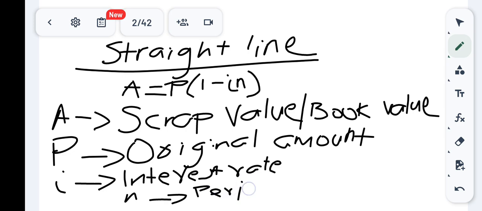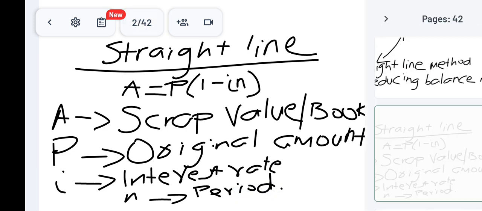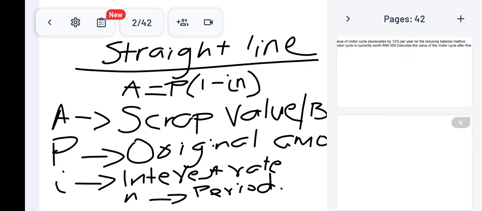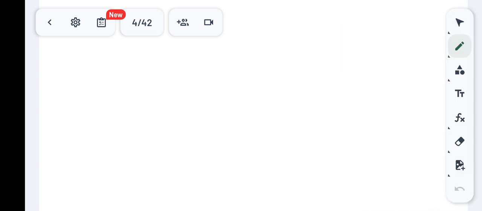So this is how you will calculate depreciation according to the straight line method.